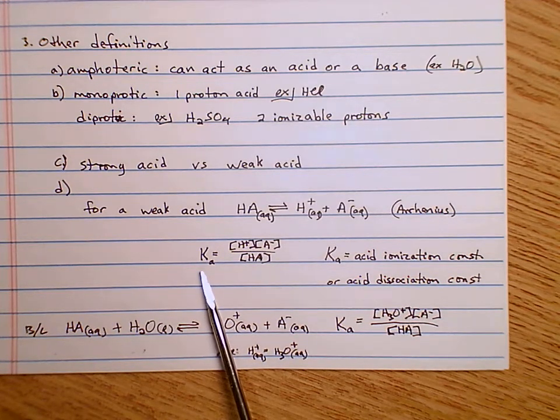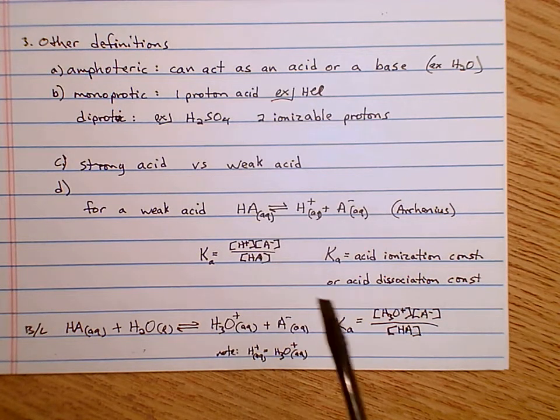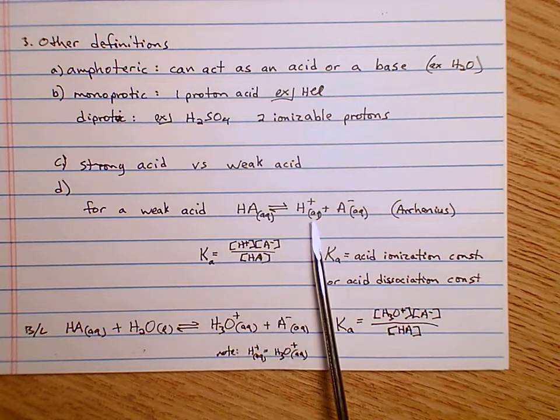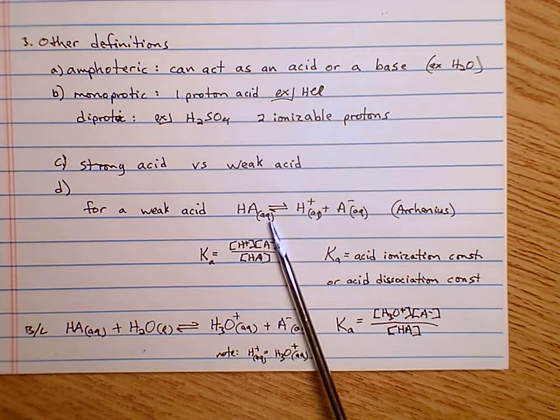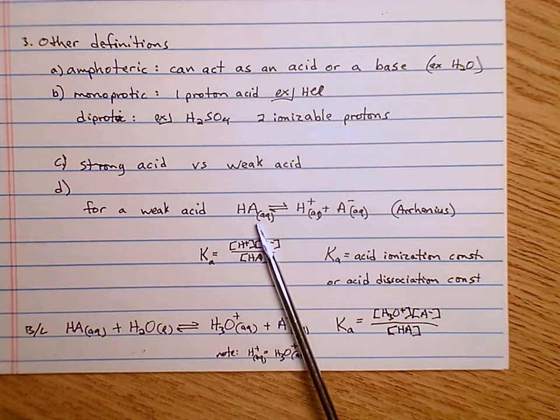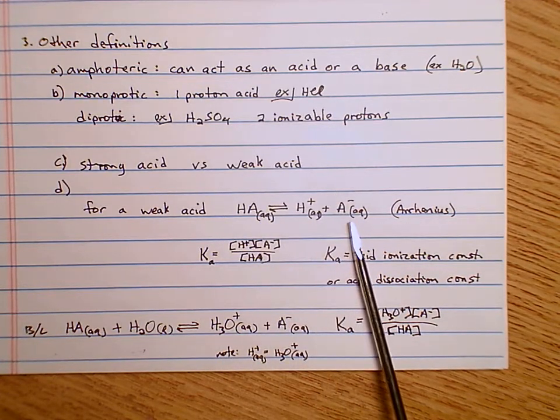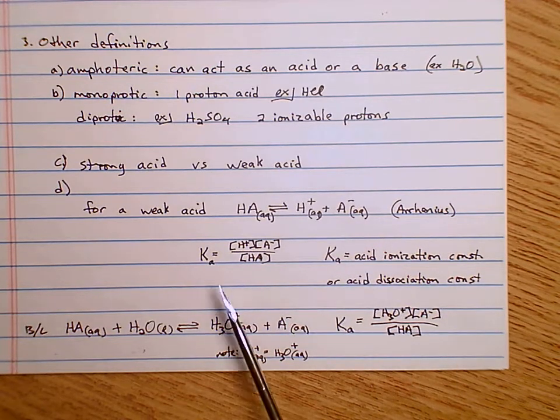Ka is the equilibrium constant for an acid dissociating in water, and it's the concentration of H+ times the concentration of A- divided by the concentration of HA. So any acid in water, its Ka is just this equilibrium where it dissociates into protons and the conjugate base, and it has a Ka value that can be measured.